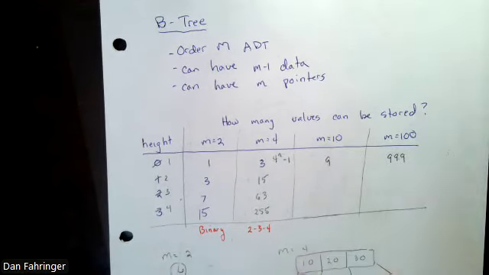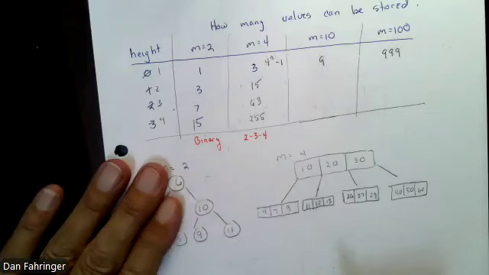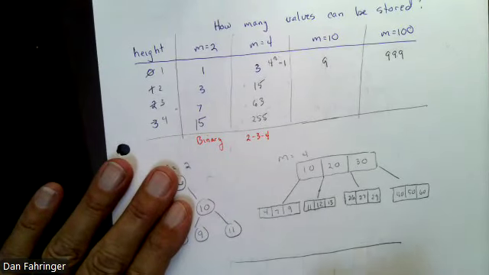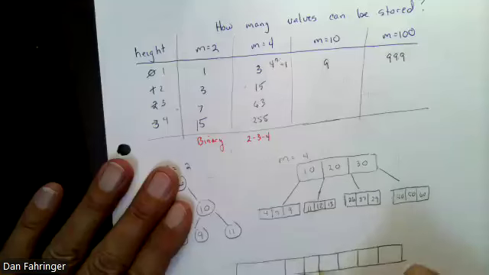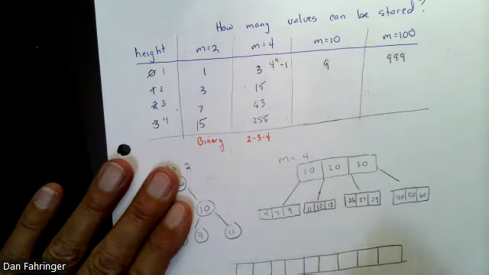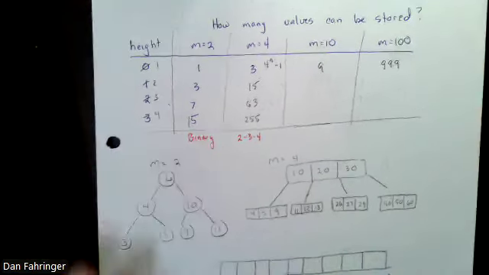What if we said we're going to store 9 values? Going to go in thirds here, kind of. I'd have 1, 2, 3, 4, 5, 6, 7, 8, 9, 10 pointers.